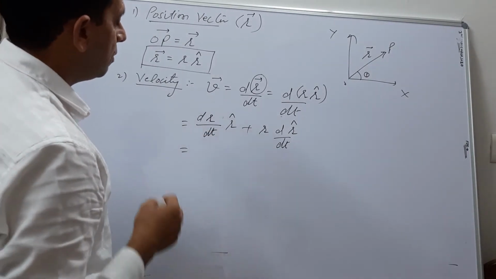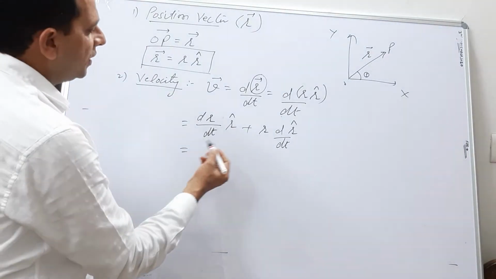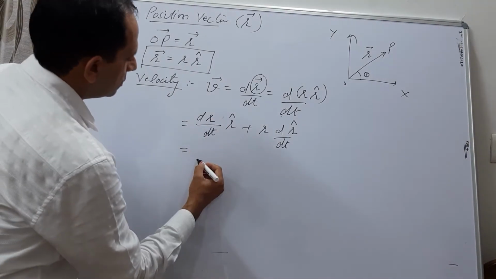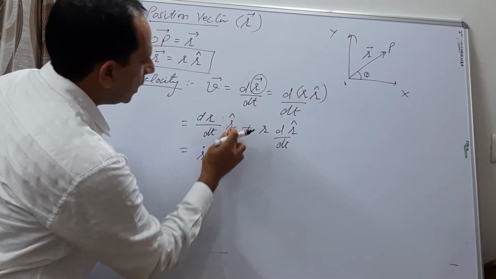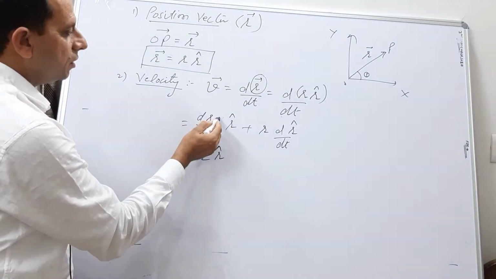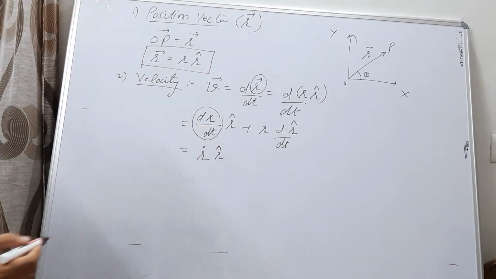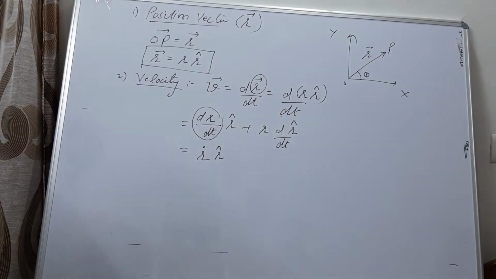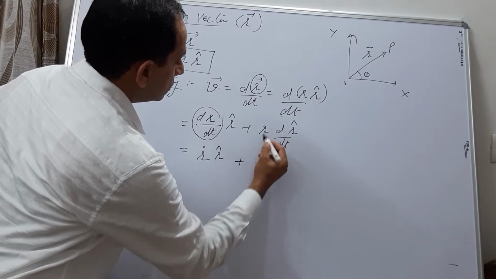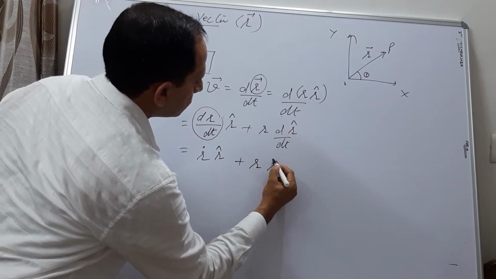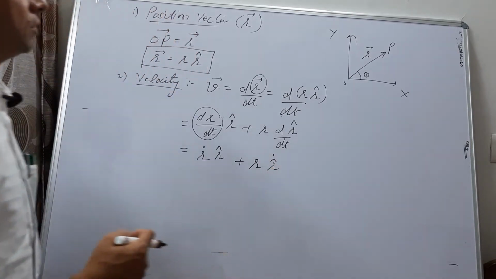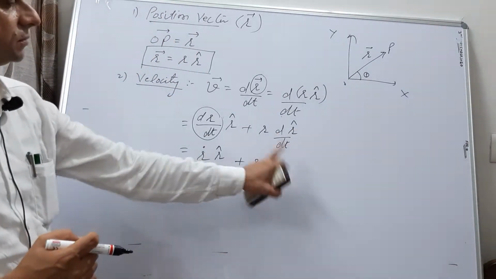For simplicity, we may write this dr upon dt as r dot into r cap plus r into r cap dot, because this is the derivative of r cap.